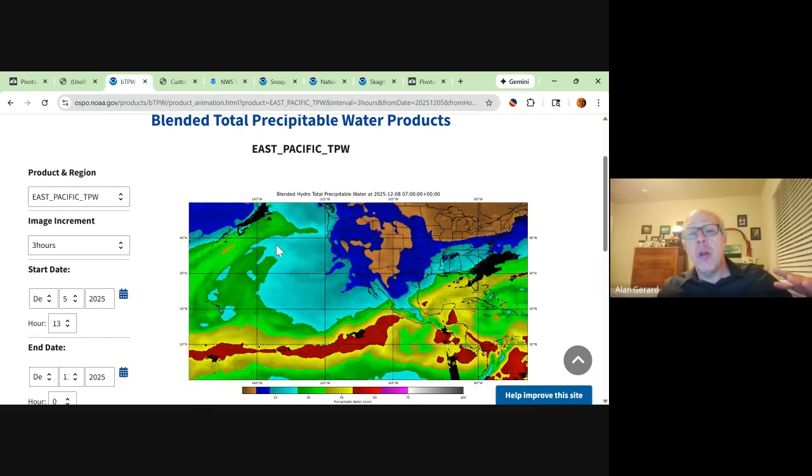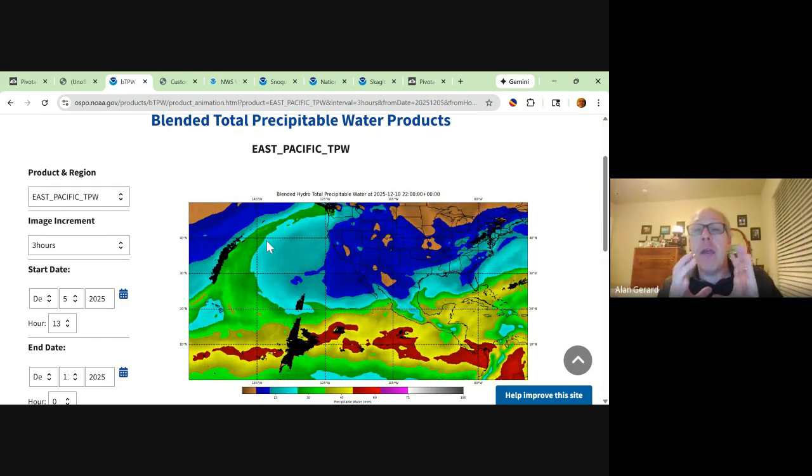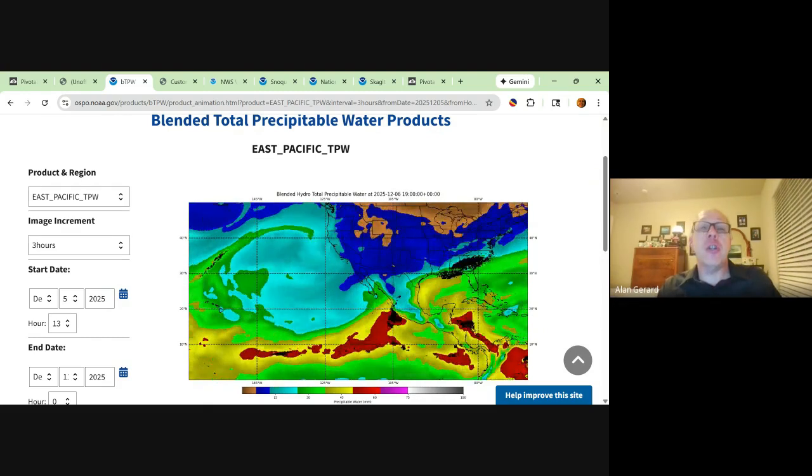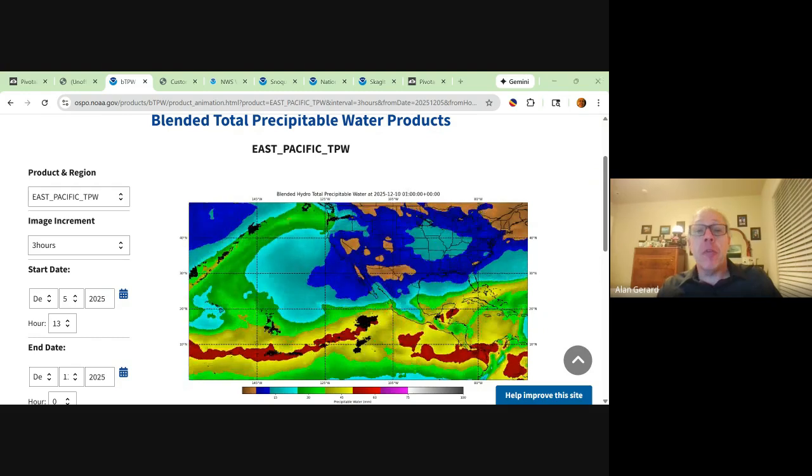So as these disturbances move through the jet stream, we get these waves of focused heavy precipitation. And one of those is going on today in the Pacific Northwest.